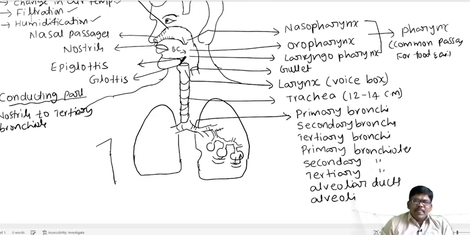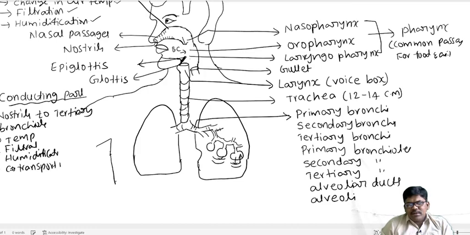This conducting part is used for the change of temperature of air. It is also used for the filtration of air. It is used for the humidification of air. It is also used for the transport of air into the lungs or into the alveoli.